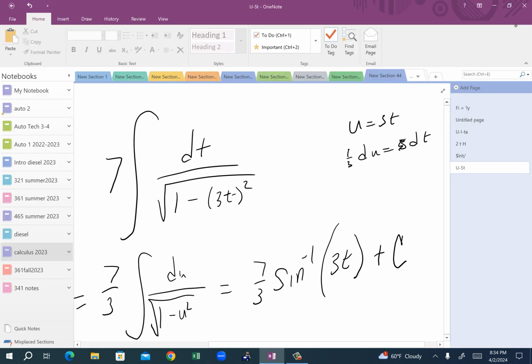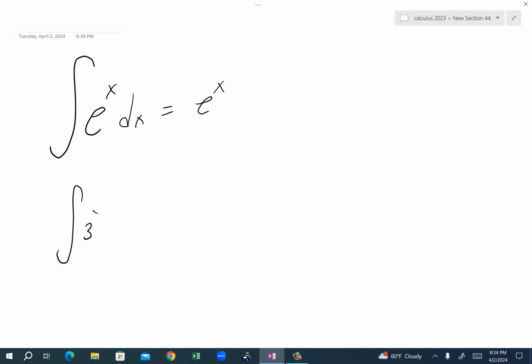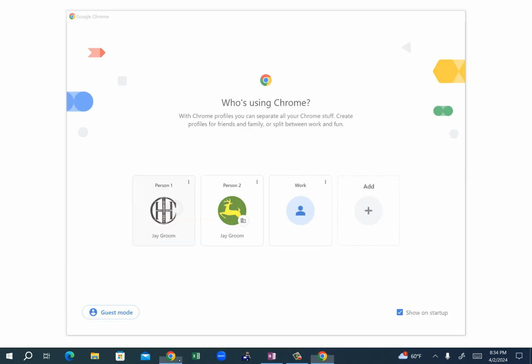Now, there's another little rule that we neglected to talk about. We know the integral of e to the x is, of course, e to the x. But what would happen if you had 3 to the x? I wonder. Let's ask Betsy.